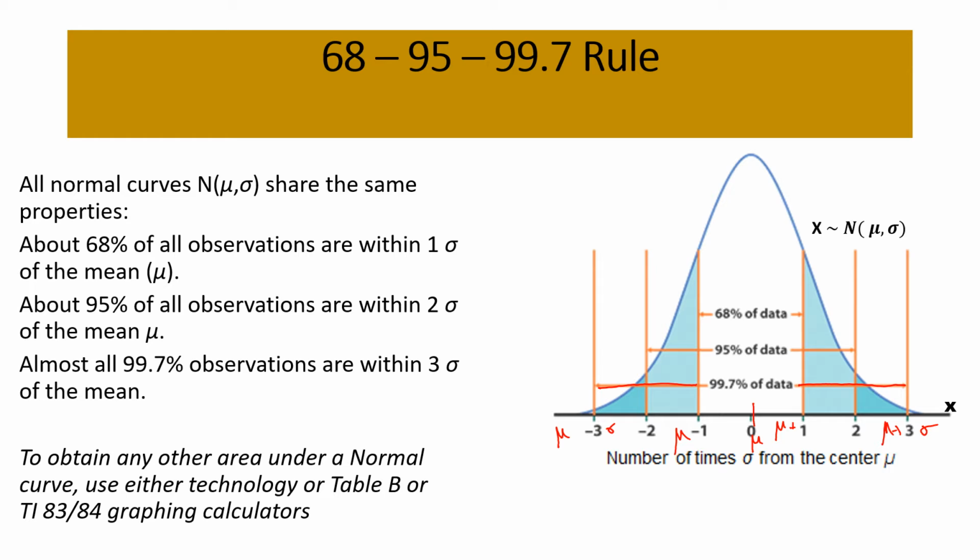99% are within 3 sigma of this mean. Suppose the values lie outside these values, we can make use of the table as well.